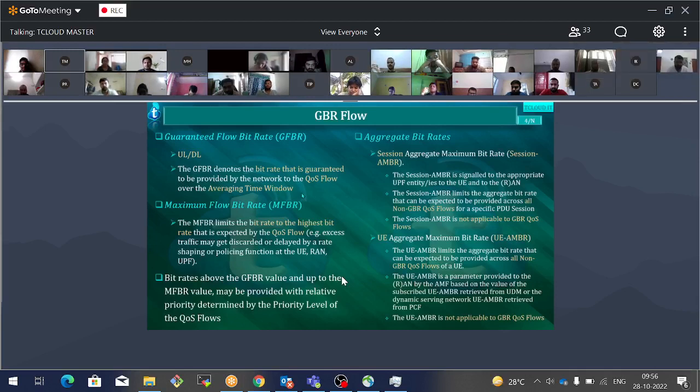What is this averaging time window? Some amount of time, typically like 1 second, 2 seconds, etc. So within 2 seconds time, how much data rate you are guaranteeing for that quality of service flow? If it is, for example, 2 seconds, every 2 seconds, the same data rate needs to be repeated. Same guaranteed bit rate must be provided every averaging time window.